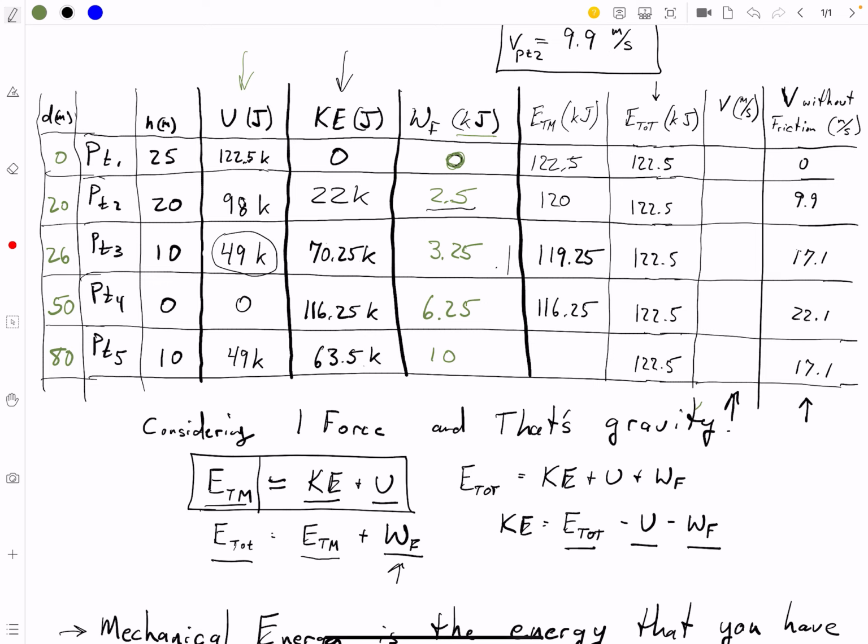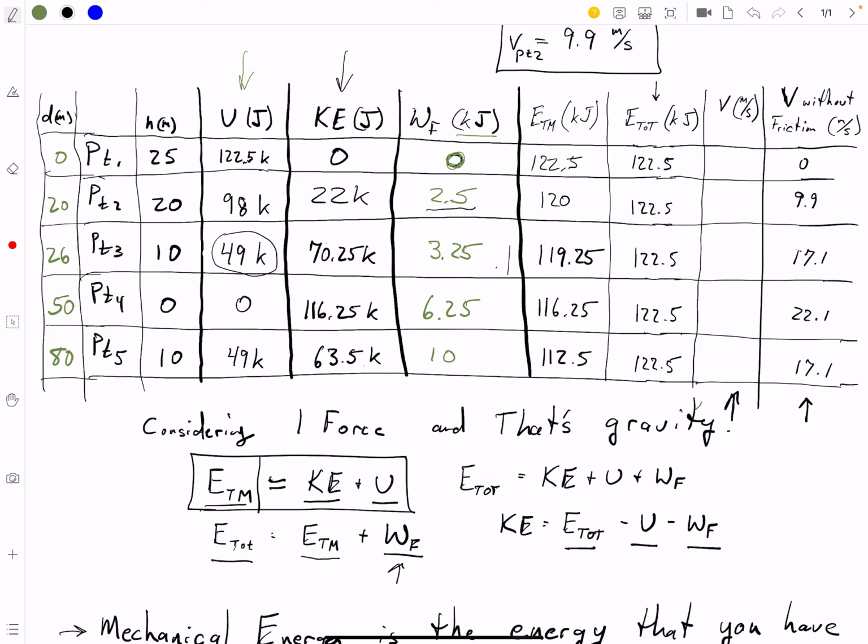And then the last point, we have 49 plus 63.5, and that's 112.5.